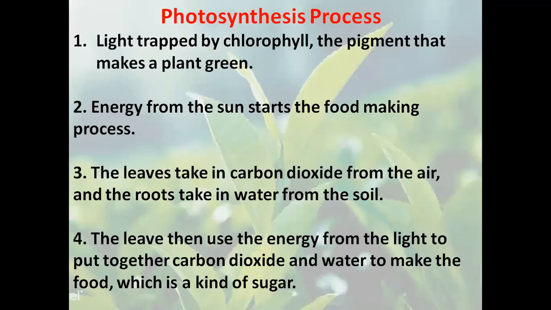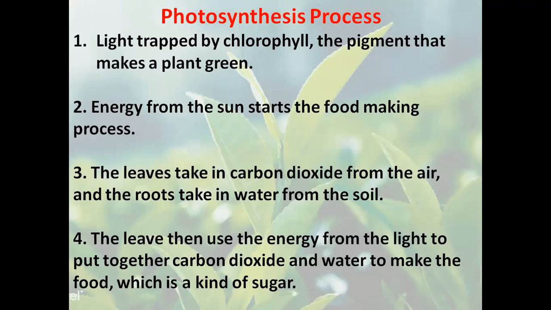Steps of photosynthesis. Light, which is trapped by the chlorophyll, starts the food making process. Then the leaves take in carbon dioxide from the air, and the roots absorb water from the soil. So we have water and carbon dioxide.